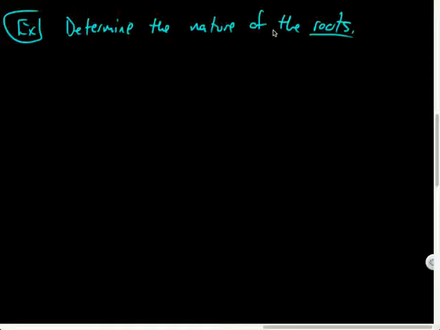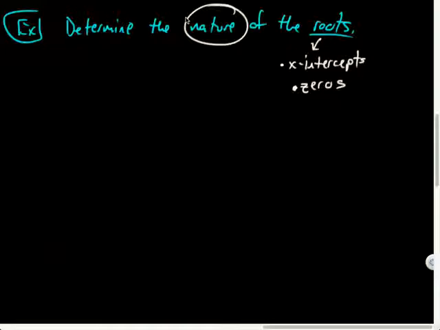So roots, by the way, is synonymous with x-intercepts, which is also the same as zeros. Those are all synonyms with one another. And the nature of the roots means they're not necessarily looking for the answer. They just want to know what kinds of answers we are going to get from this.